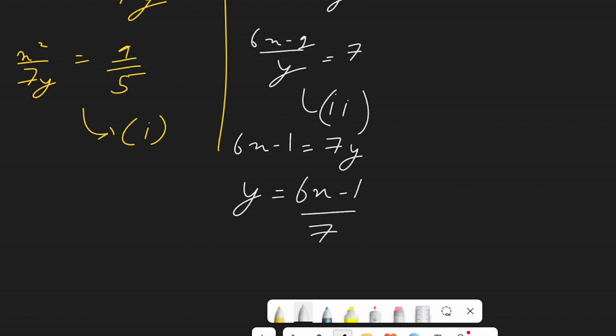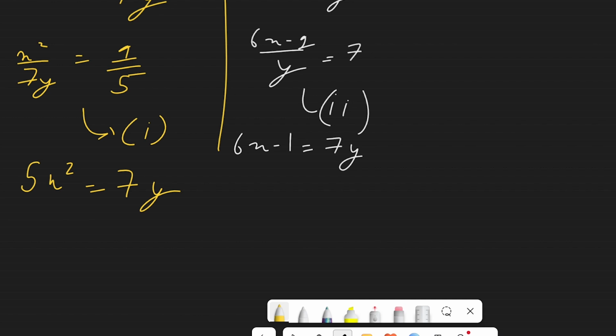But wait a minute, I can see over here that here as well we have 7y, right? So let me just bring that 7y as it is. If we simplify this equation and bring the 7y to the numerator, we can have 5x squared is equal to 7y.